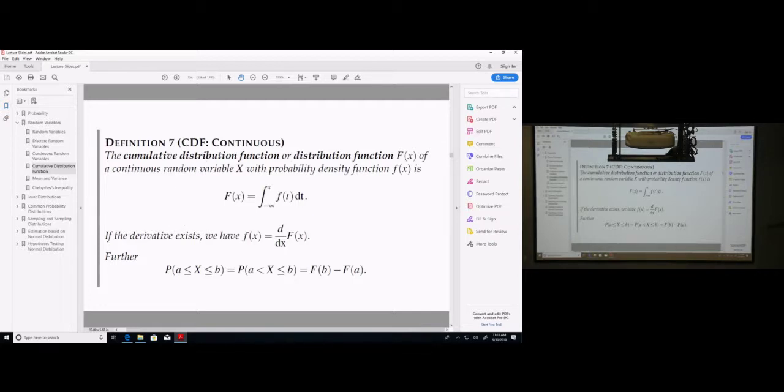But for a continuous random variable, the mass that you pick up at a single point from a density will be 0 because a point mass is not possible in a continuous random variable. Okay, so the first thing is we recall the definition of a probability density function.